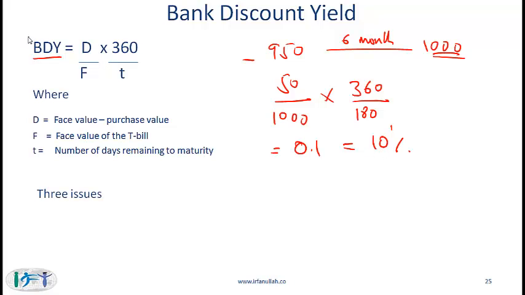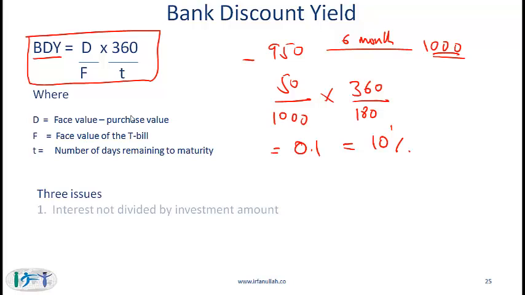If you look at this formula carefully, you should be able to detect 3 issues. The first one is that the interest amount, which is the discount, $50 over here, is divided by the face value, 1,000, rather than the investment amount, which is 950. What we normally do when calculating a yield is divide by the investment amount, but that is not what happens when we compute the bank discount yield.